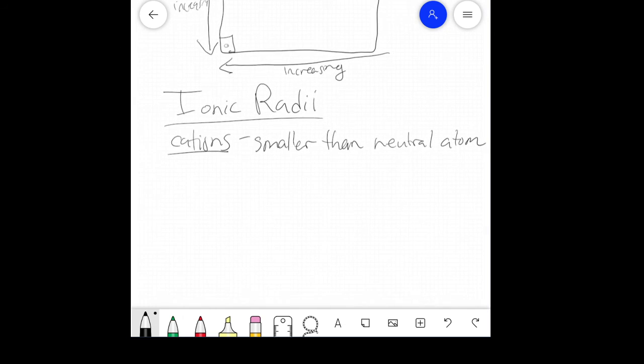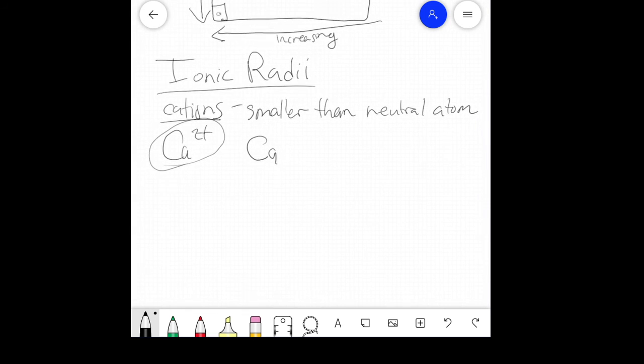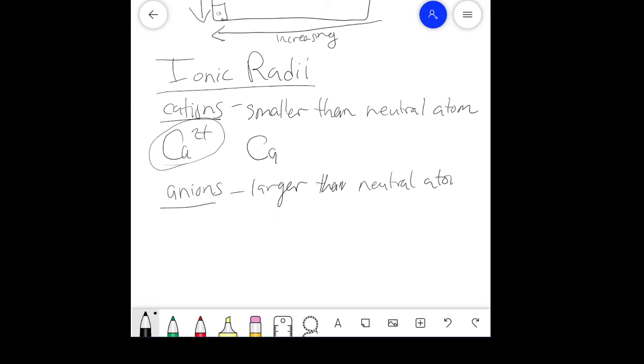So, say we have calcium ion and we have calcium. The smaller one is going to be the calcium ion because cations are smaller. But say we have anions, they're actually going to be larger than the neutral atom because there's more electrons now, so they're going to spread out more.